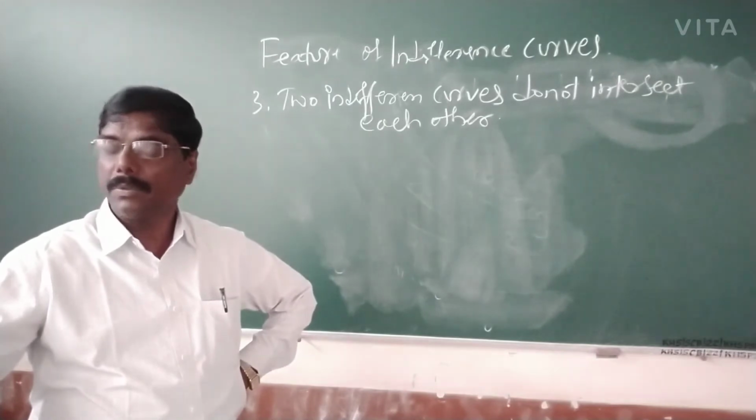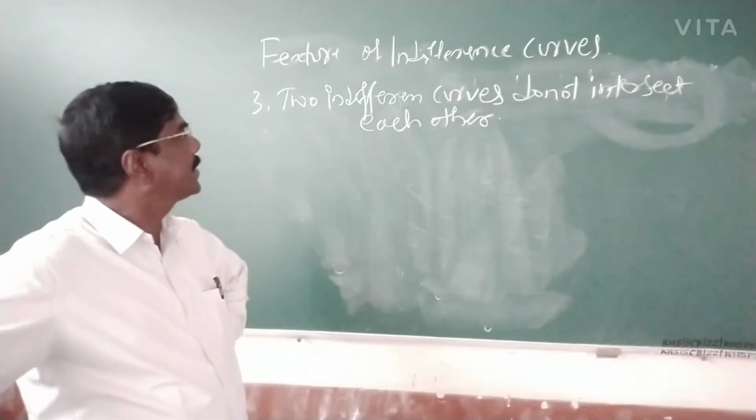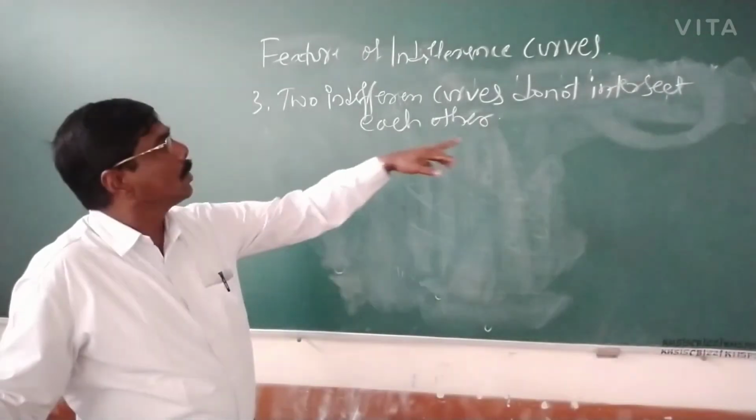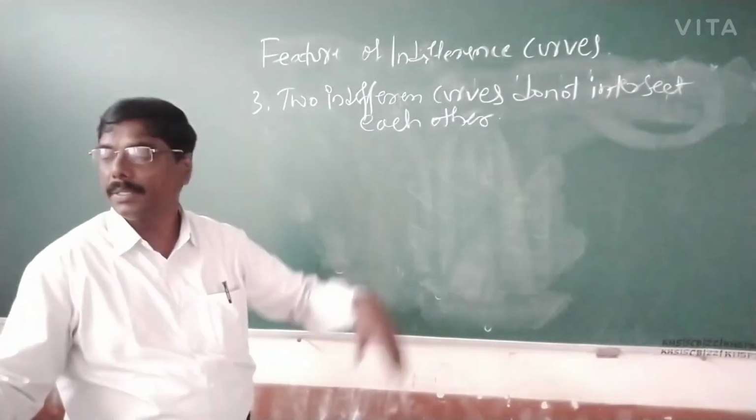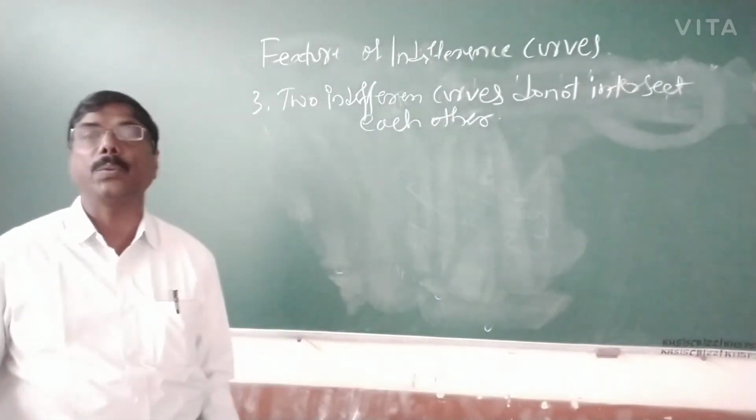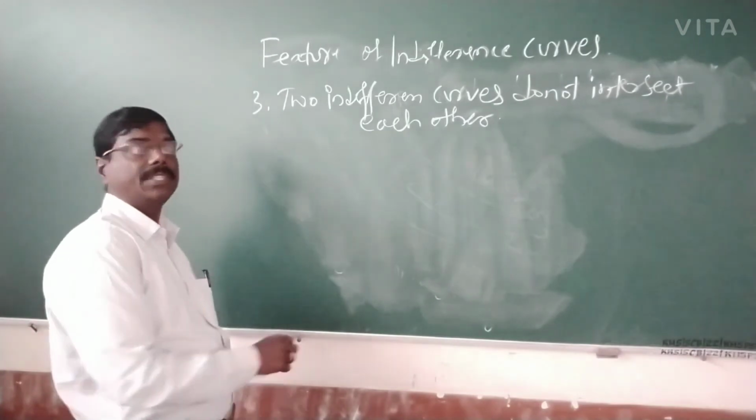So two indifference curves do not intersect each other. This may be explained with the help of a diagram. Draw this figure.